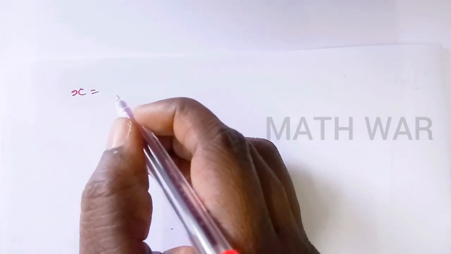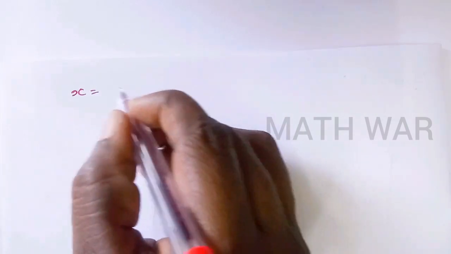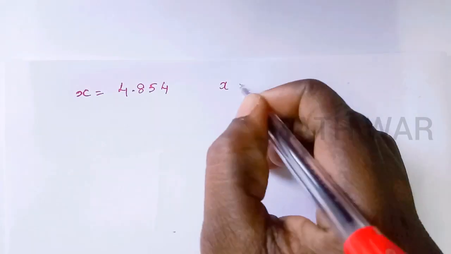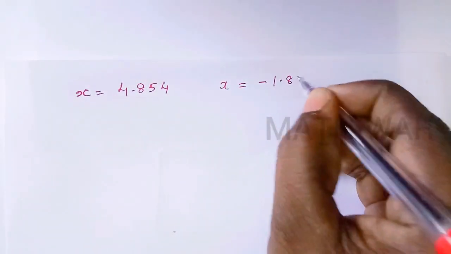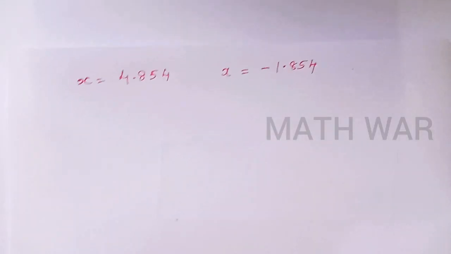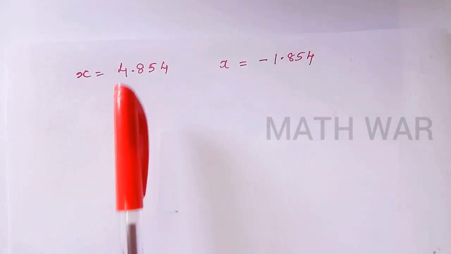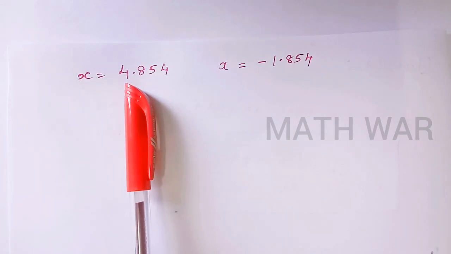So after simplifying, we got x is equal to 4.854 and another one x is equal to minus 1.854. Now they asked to correct it to two significant figures. We should find out which is the second significant figure. As I said, remove the point and see which is the second digit.